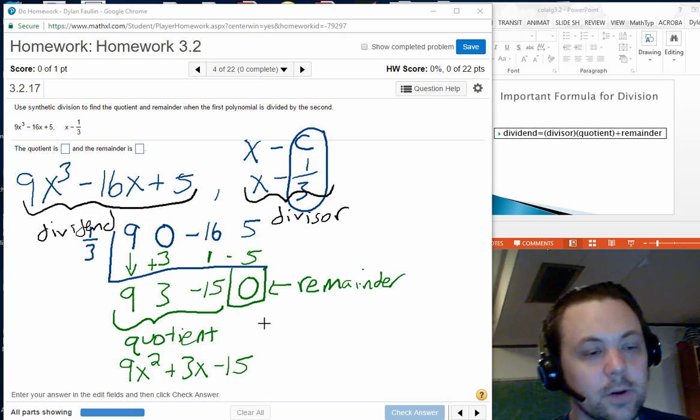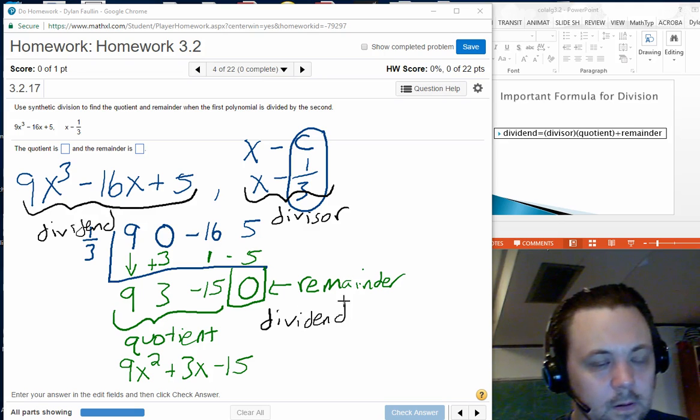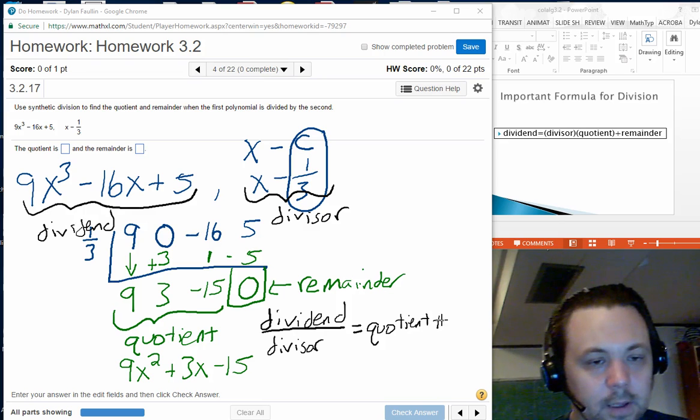So every division problem starts off like this. It starts off as dividend getting divided by a divisor. And the result will end up being a quotient, it's essentially the answer you get from your division, plus remainder, which in this case was 0, unfortunately.